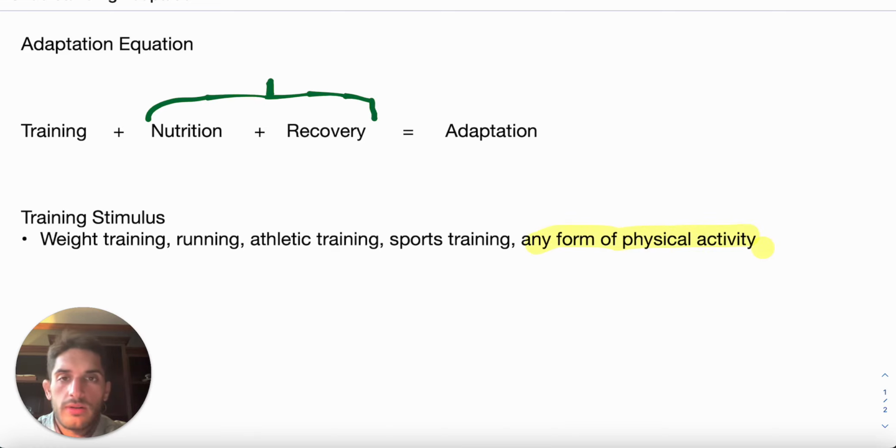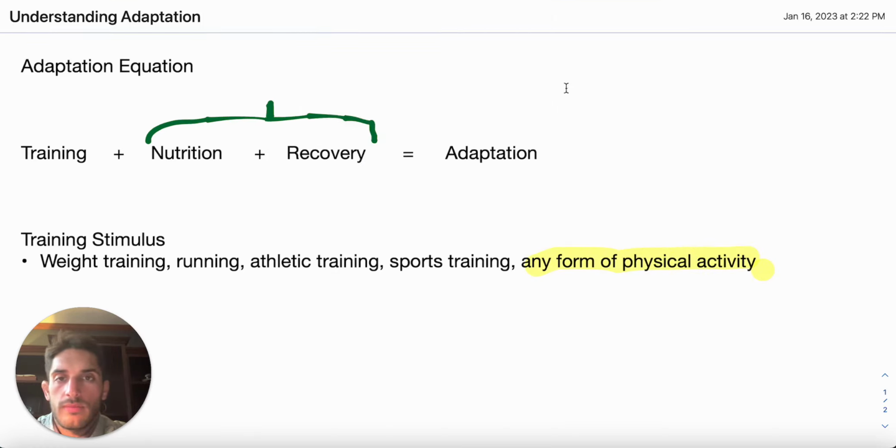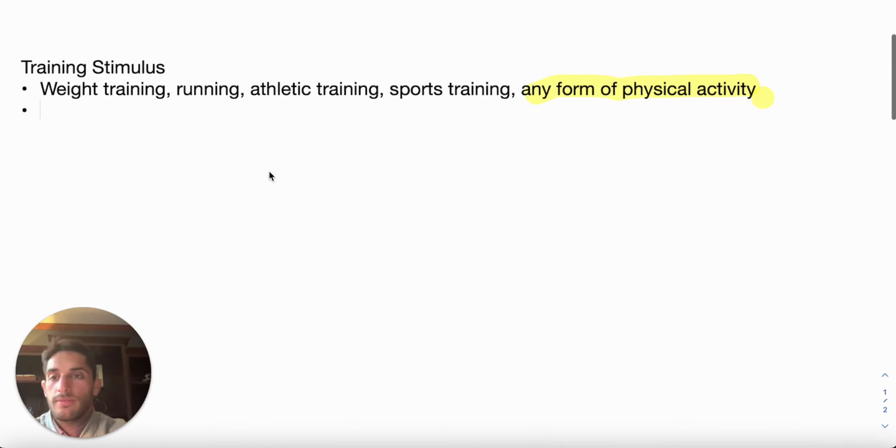So some parameters for proper training stimulus. First and foremost, you have to progressively overload.